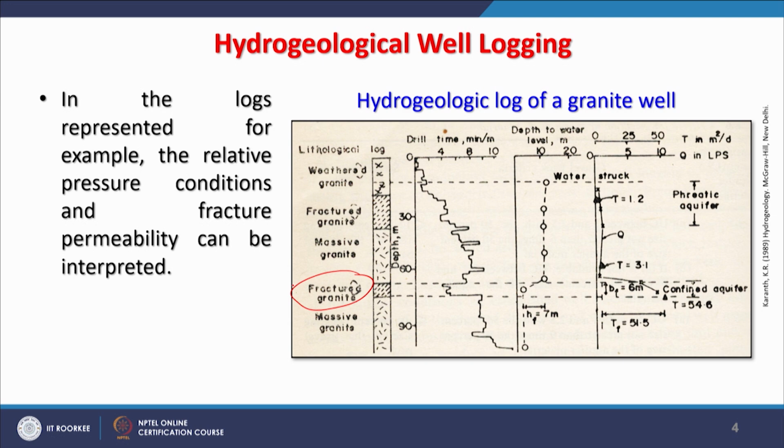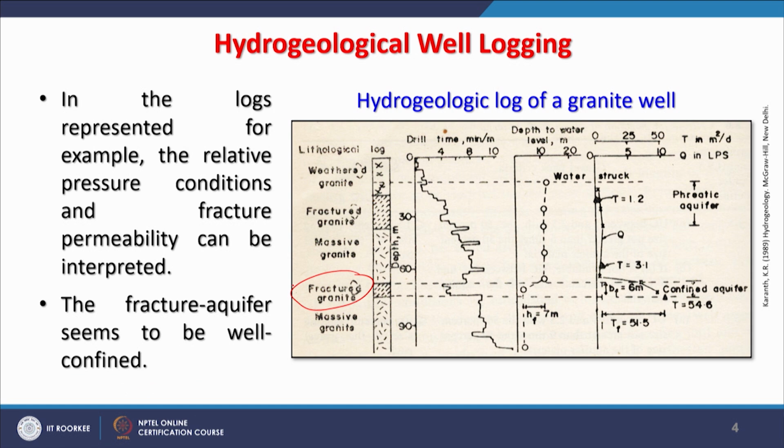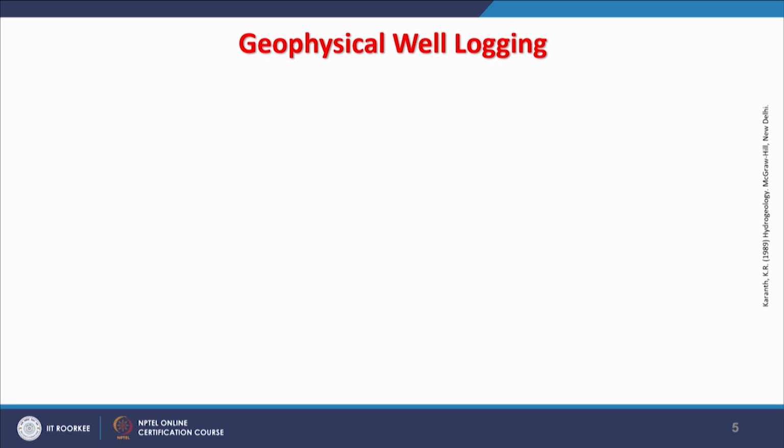So, a lot of information, or I would say maximum possible information, during drilling is recorded and should be recorded. And then we are basically looking at the fracture aquifer, which in case of granitic terrain seems to be well confined, as you can see here, that overlying and underlying rocks are massive granite.